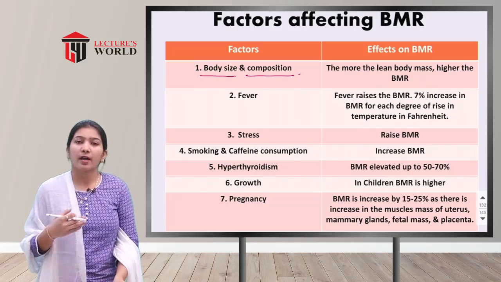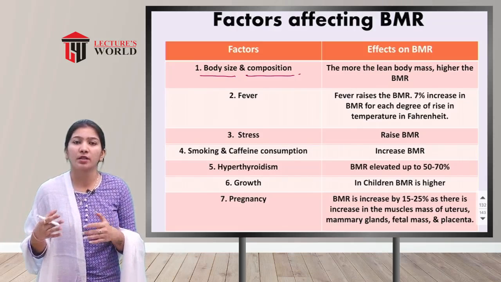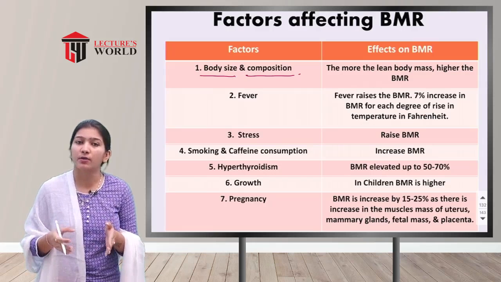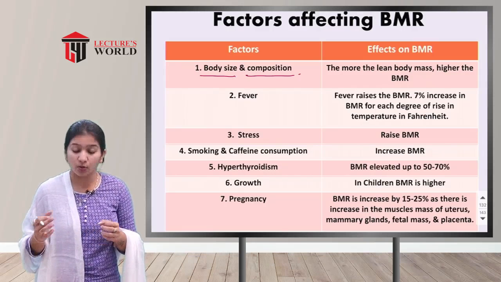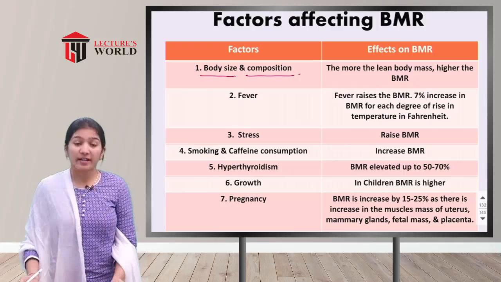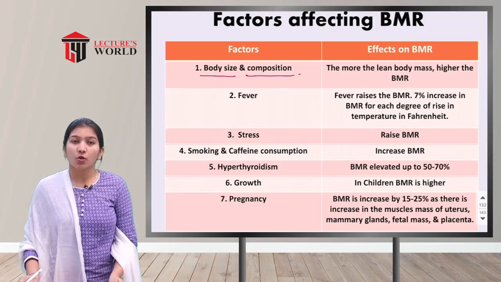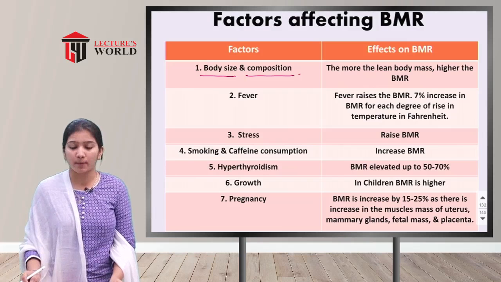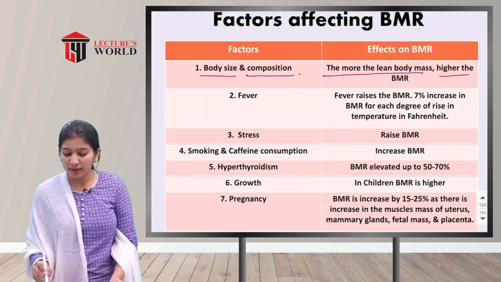We have lots of population in a country, and each and every one has a different body size. Some are very fat, some are very lean with a thin body, some have a moderate build, and some have obesity. Each person has a different body size and composition. So how is this affecting your basal metabolic rate? The more the lean body mass, the higher your BMR.